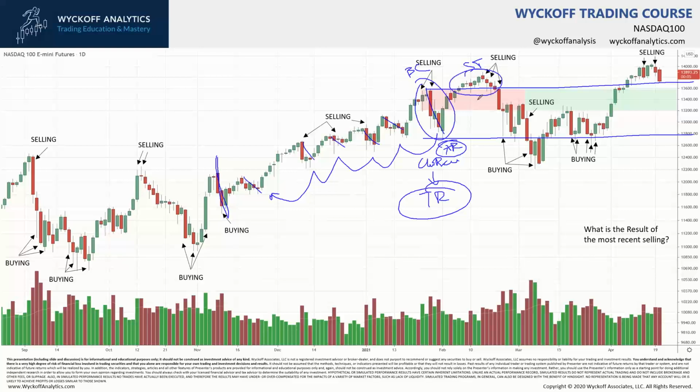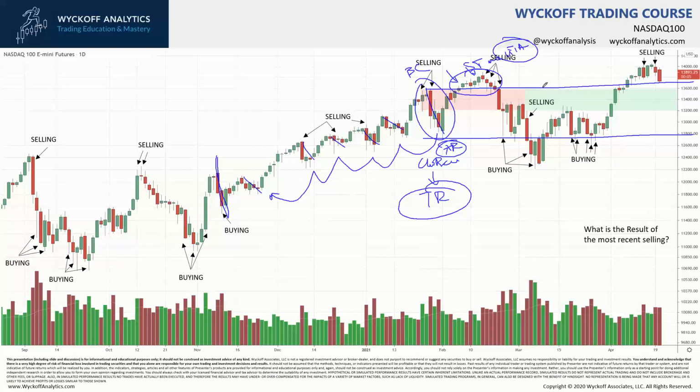Now, this point here is very important for multiple reasons. The price is capable of overcoming the resistance and then staying above the resistance. So therefore, we would be thinking that this is a secondary test as an upthrust action. Upthrust action, obviously, from WTC1 material is a bullish action.